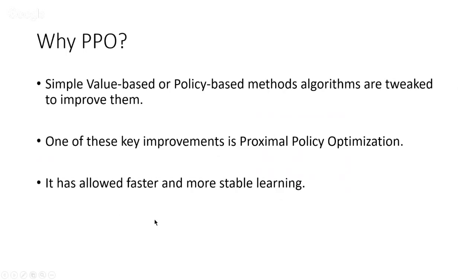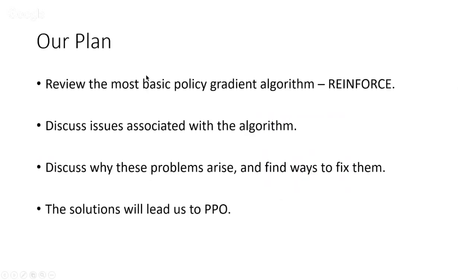So to avoid that, improvements are made to basic algorithms based on these methods, and one of those improvements is proximal policy optimization. Our plan for today is to first review the basic policy gradient algorithm called reinforce, because PPO is an improvement on reinforce.